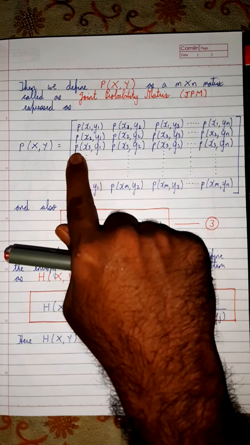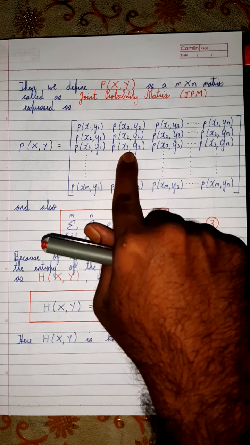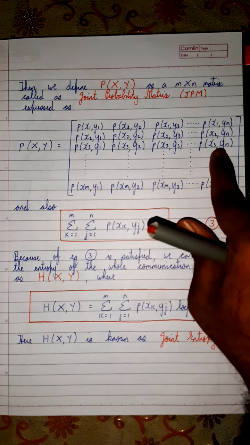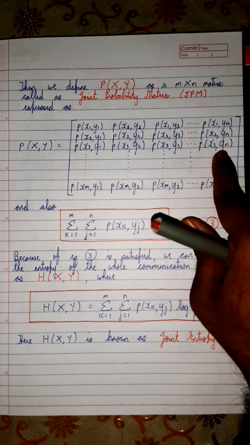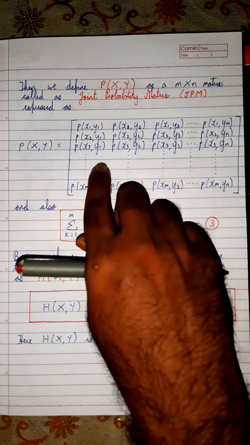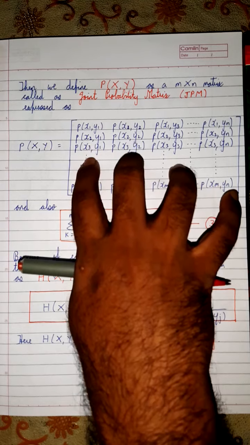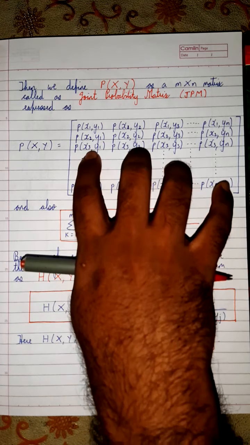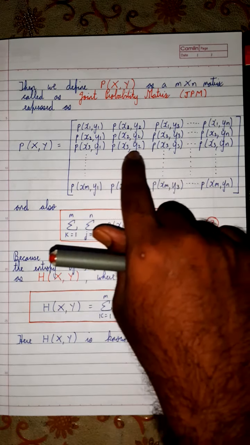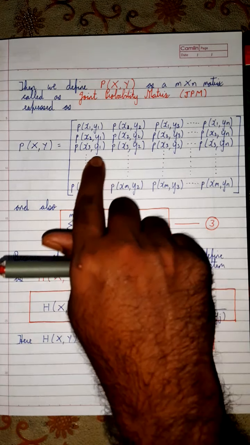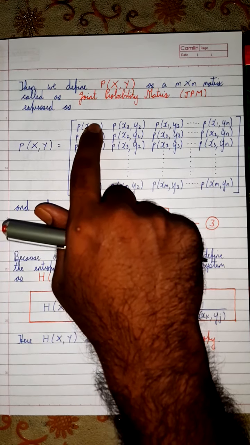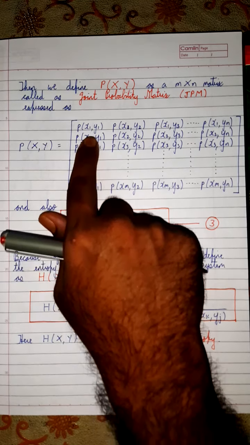And look at the third row: P(x3,y1), P(x3,y2), P(x3,y3), up to P(x3,yn). Likewise, if I follow the same pattern downwards for each and every row, at the last row, since there are m transmitted symbols, there will be m rows.